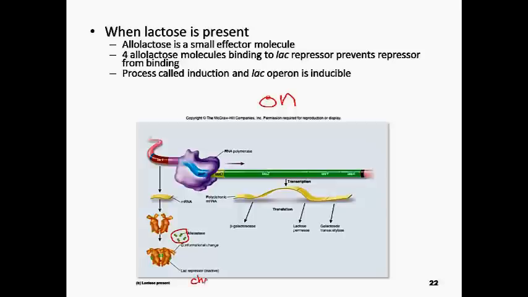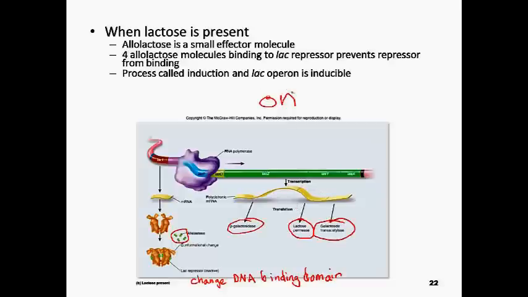It's going to change the DNA binding domain. It's going to change the conformation. No longer will the operator be occupied. And so now as RNA polymerase binds, it's able to move down the gene, creating a polycistronic mRNA that's ultimately translated into the 3 specific proteins.